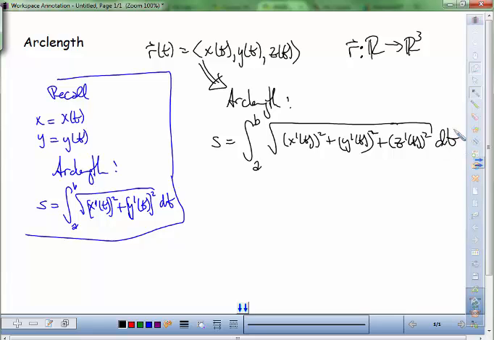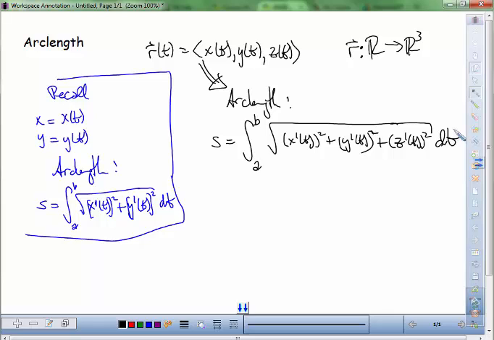Okay? So for today, for this section, we'll use the letter S. And there's actually a reason for that.